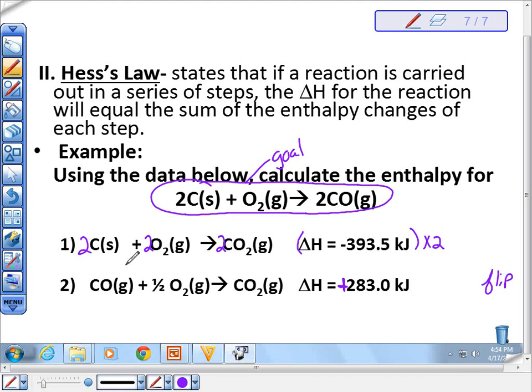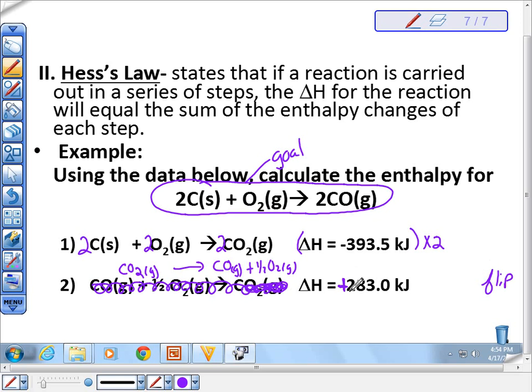We are going to have CO2 now over on the reactant side, and I'm going to have carbon monoxide gas and 1/2 oxygen over here. So I've flipped it, and I'm going to mark through this one so I don't look at it anymore. I flipped it, and then I changed the sign when I flipped it.